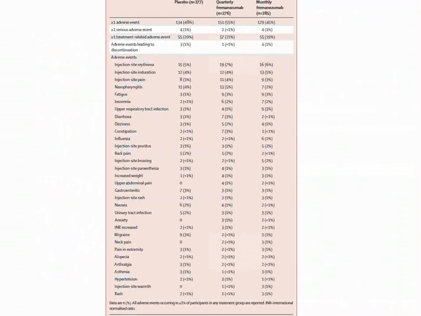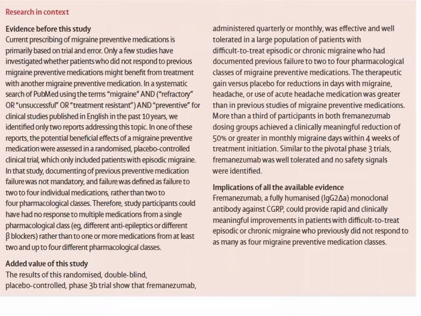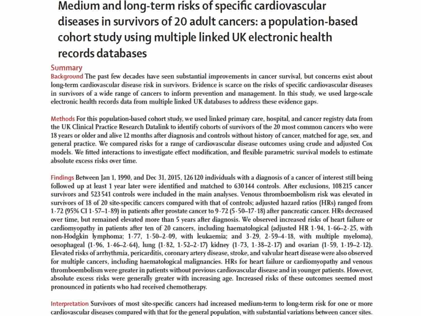So this looks fairly promising, and in terms of adverse events, injection site erythema and these kinds of things, we would expect them to occur. So this looks like another example of, this antibody has now been approved in the United States as far as I know, another strategy for people with refractory migraine.